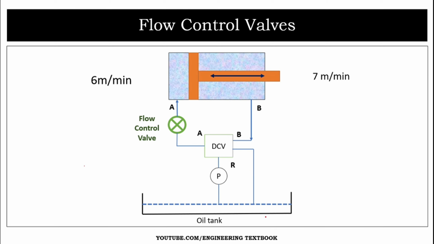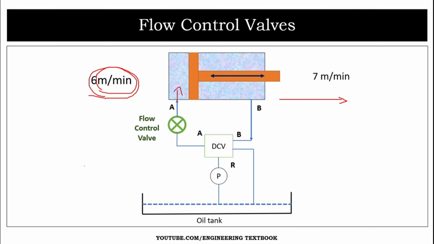When the oil from the oil tank and pump passes from the DCV and enters through port A to the cylinder with a certain linear speed of 6 meters per minute, the piston will move from left to right when the oil flows from port A at 6 meters per minute.